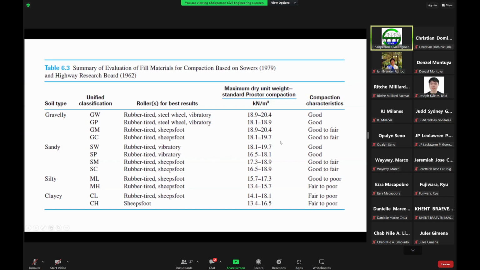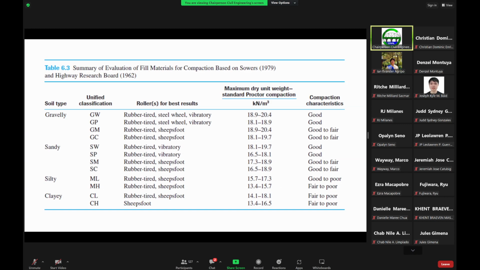So with respect to compaction characteristics, these materials here are generally fair to good, while these materials here are generally poor to good. And we also don't usually like these materials as a fill material because they have less drainage characteristics.